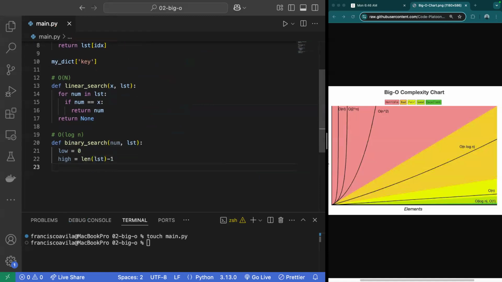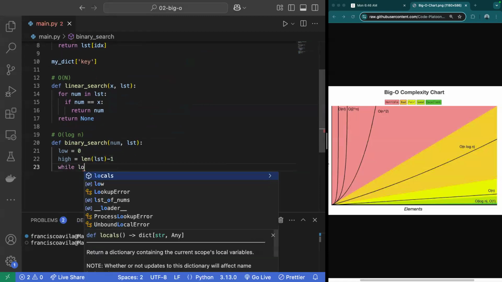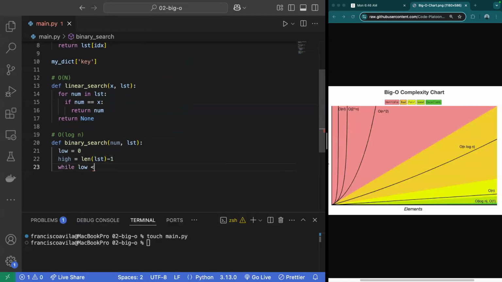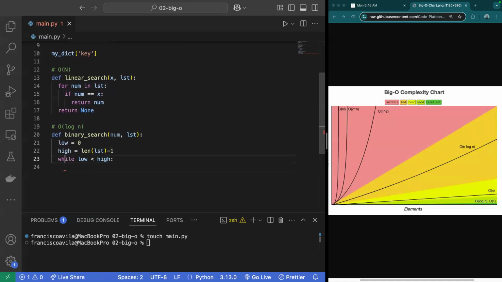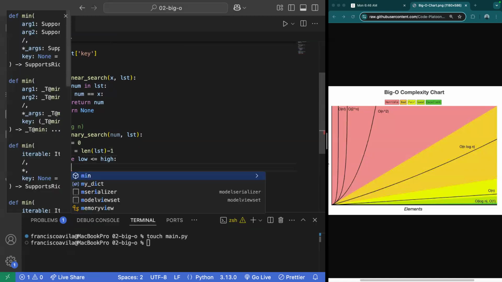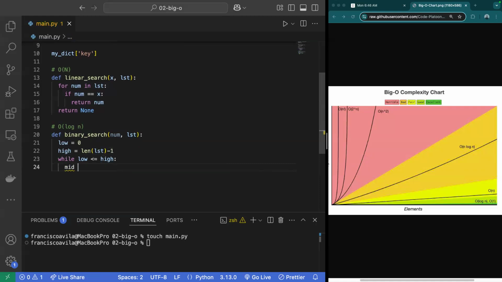Then while low is less than or equal to high, we establish middle.